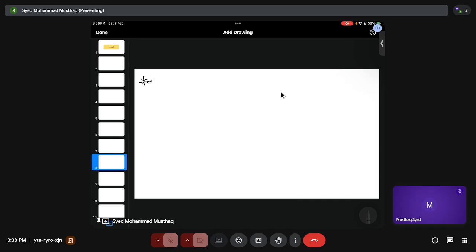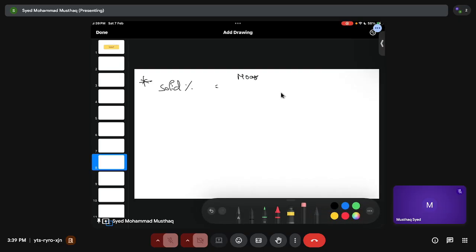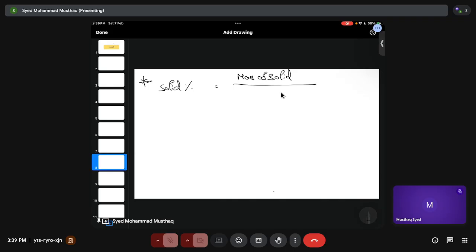So the concentration of solid, as a percentage, will be equal to the mass of solid in the slurry divided by the mass of solid plus mass of liquid, or you can directly write it as the mass of slurry.